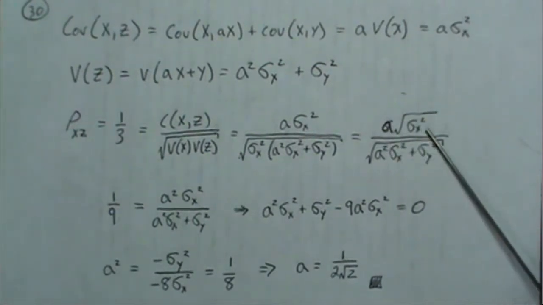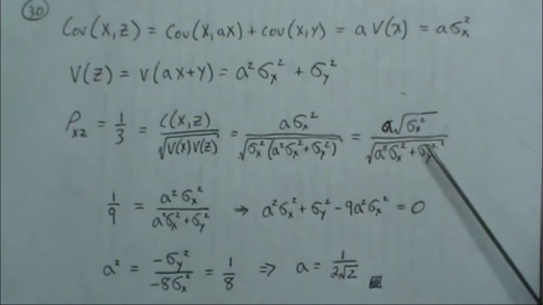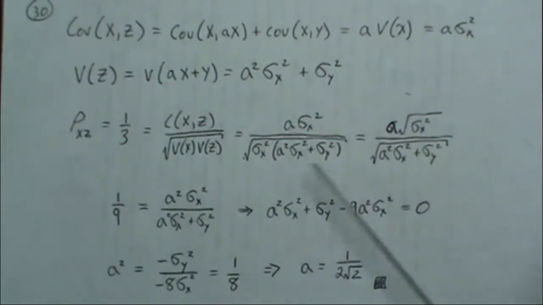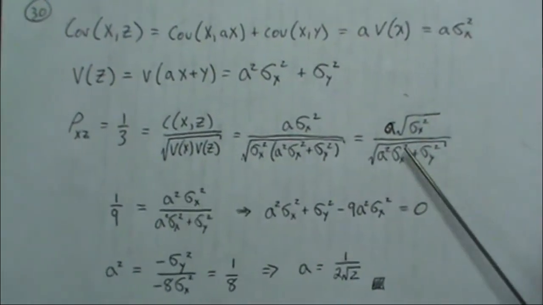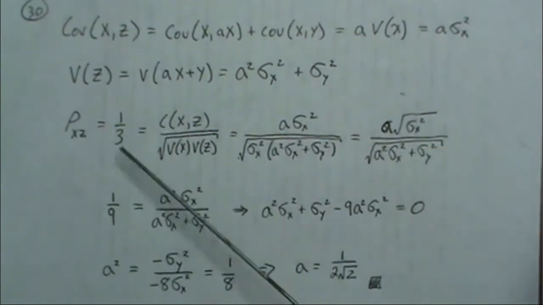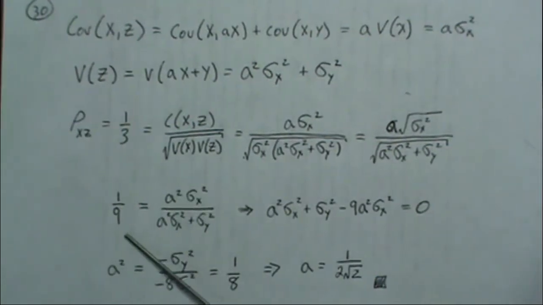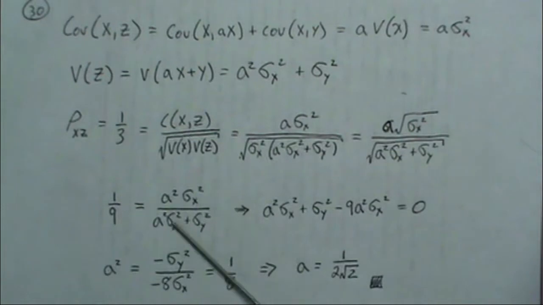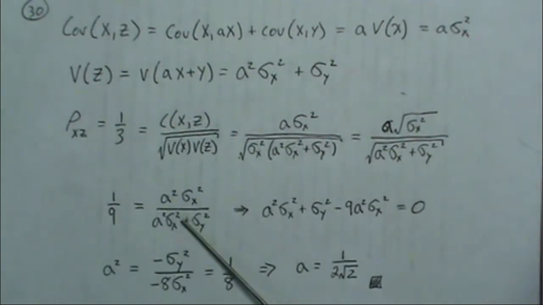So we have this. Well, that's equal to 1/3. So we're going to square this and square that, and we're down here. So we get 1/9 equal to this quantity. Well, we are going to multiply this side up here, multiply this over here, and then take it to the other side.